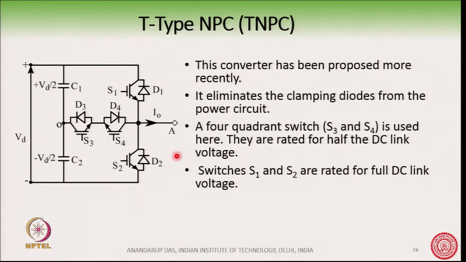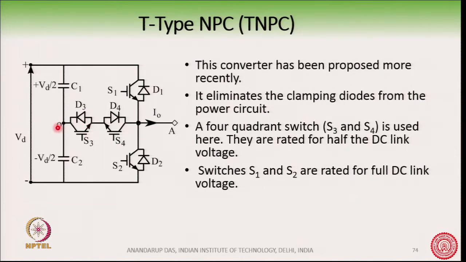Now, this switch is a 4 quadrant switch, which means that this switch has to block both positive and negative voltage, and the current through this switch should be bidirectional.